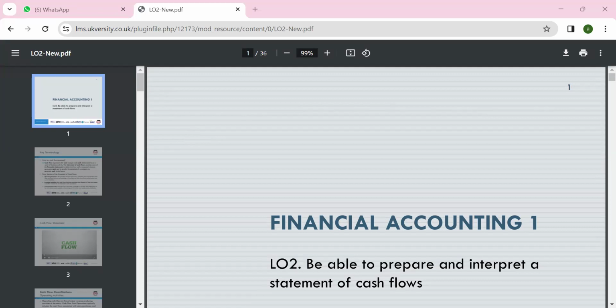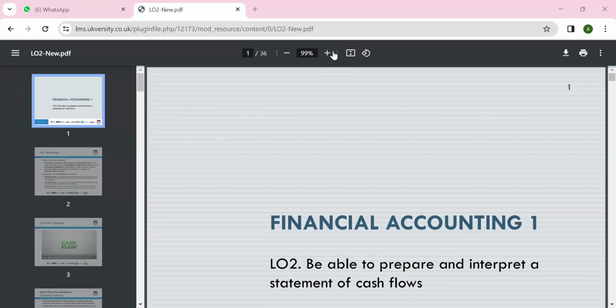Then we have financing activities: how much money increased or decreased in terms of shares you issued or bought back, or loans. It can be long-term liabilities. What's gone up, what's gone down, we look under financing activities. So these are the 3 activities we can look at, and we can prepare the cash flows accordingly.